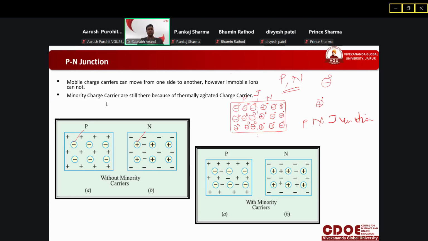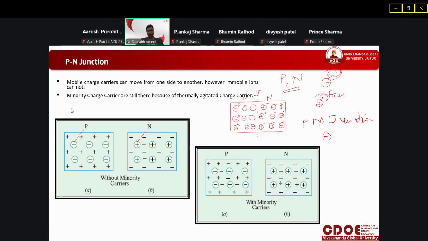Once we meet both, one has a free electron, the second has vacant space. If a person is moving and gets a vacant seat, they will sit on it. Similarly, if this free electron is there and vacant space is there, then it will sit on it. And once it sits, it will become neutral. After becoming neutral, this hole which was above will be removed. So we will remove it, remove it, right?